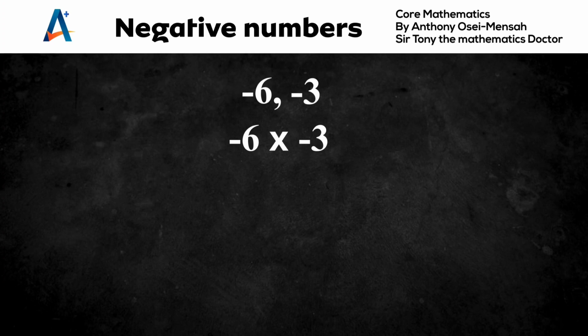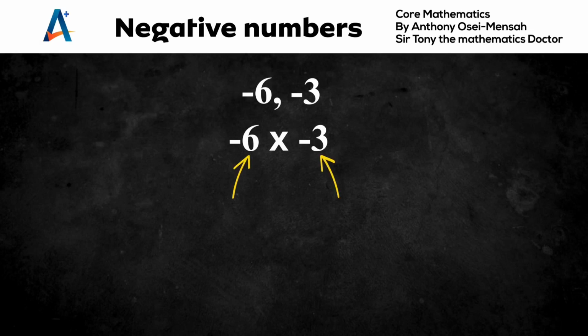Now, this is what is perfectly referred to in the Ghanaian syllabus as nege. So those of you in Ghana, you understand what I mean. A negative number multiplied by another negative number, or even a negative number divided by another negative number, is referred to as nege. Please note that negatives multiplying each other will result in a positive answer.